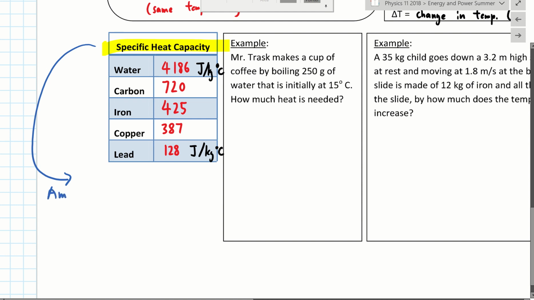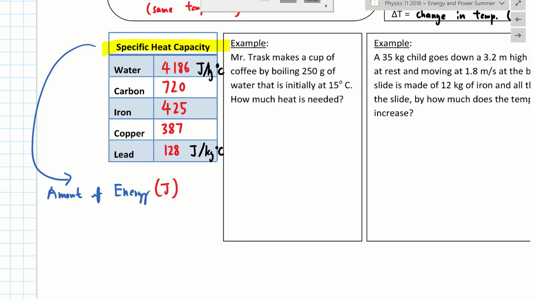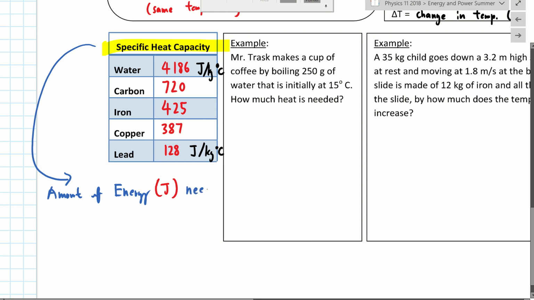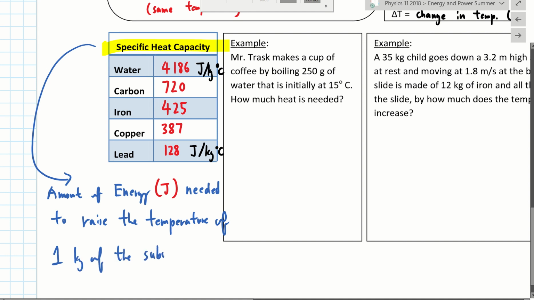That is the amount of energy, measured in joules, that you need to raise the temperature of 1 kilogram of the substance by 1 degree Celsius.